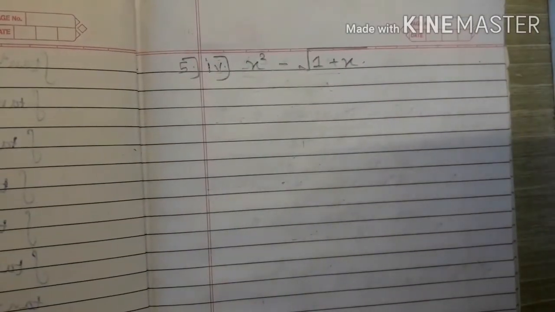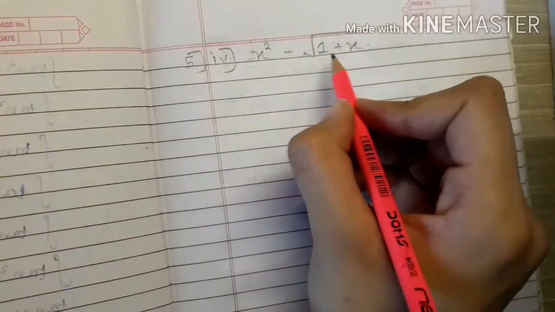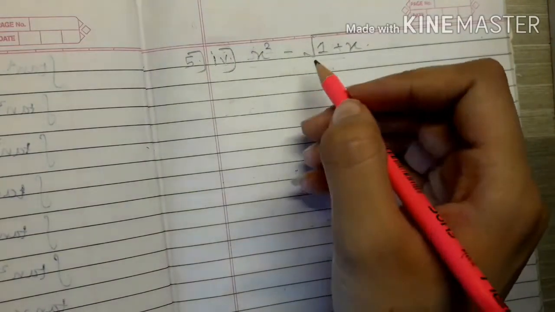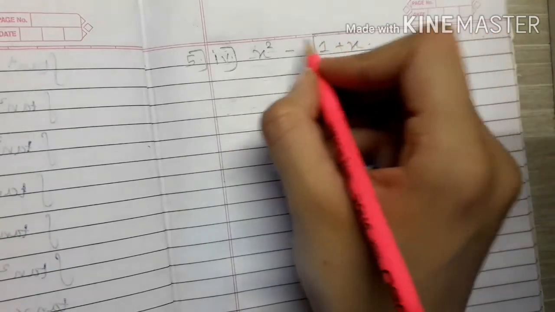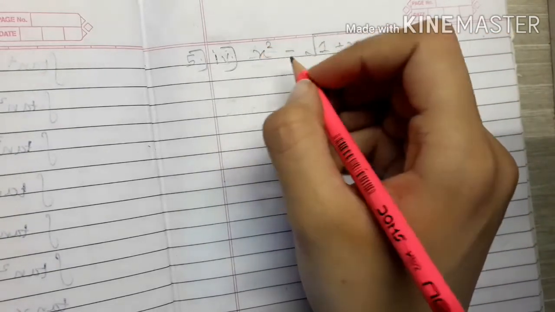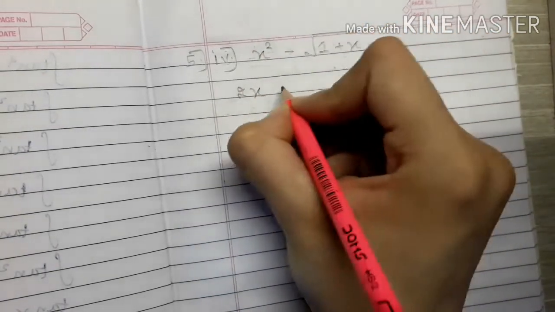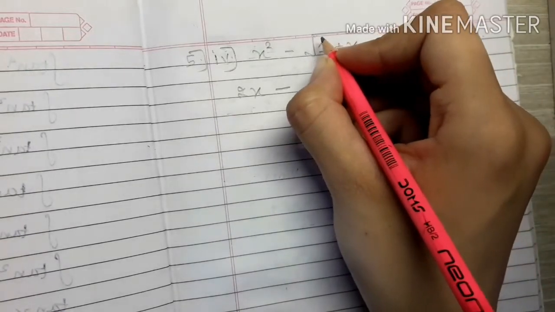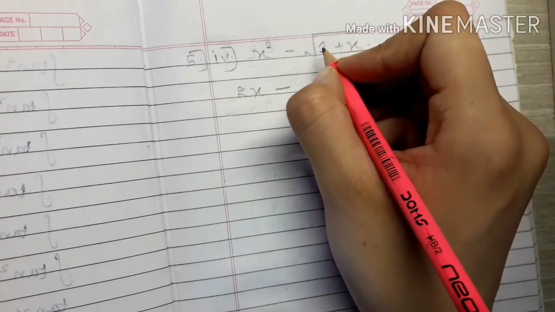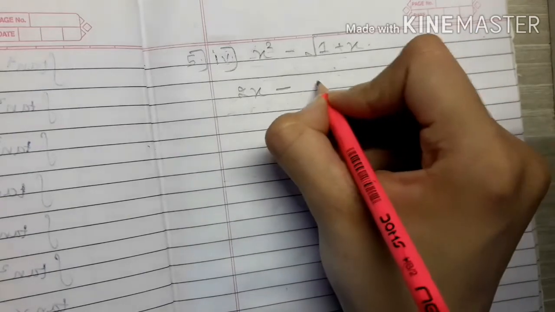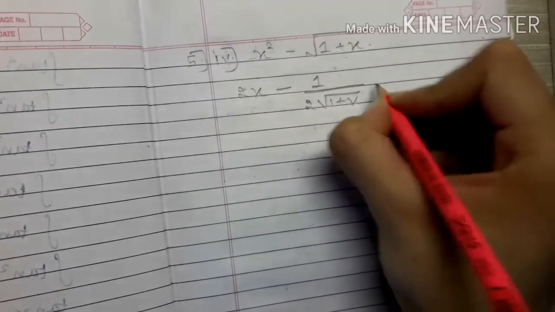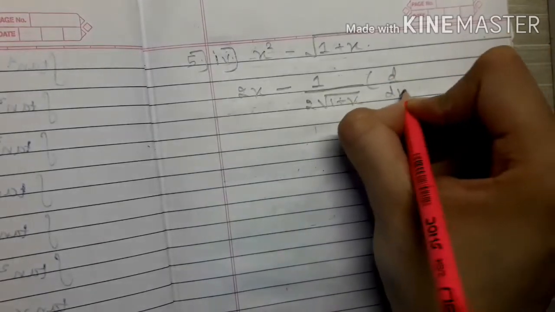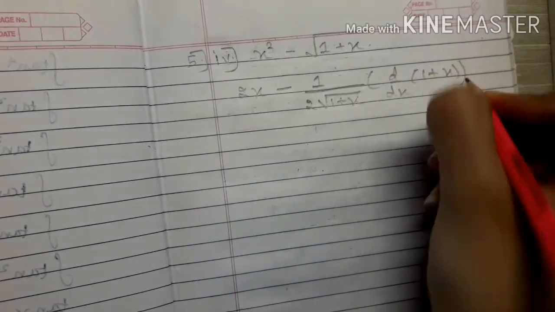Okay, so now we have the fourth subpart, which is x square minus root of 1 plus x. So let's go ahead and differentiate this as u minus v. So first we differentiate x square, which is 2x, minus, since we have the differentiation of root x, which is 1 upon 2 root x, so this becomes 1 upon 2 into root 1 plus x into the differentiation of 1 plus x.